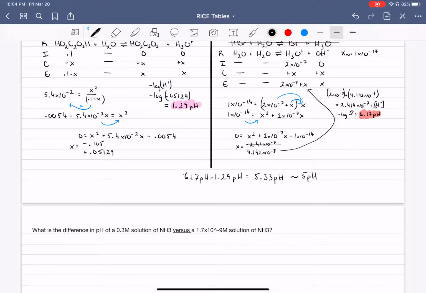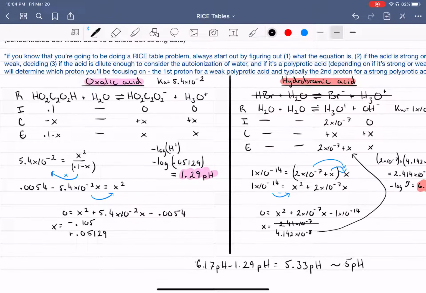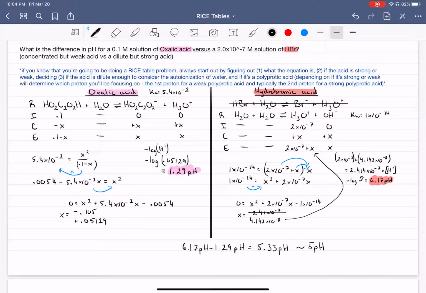But let's just look at this for a second. Does this make sense? We took very, very, very little amount of a strong acid, and it brought down the pH almost by an entire log, or 1 pH level.